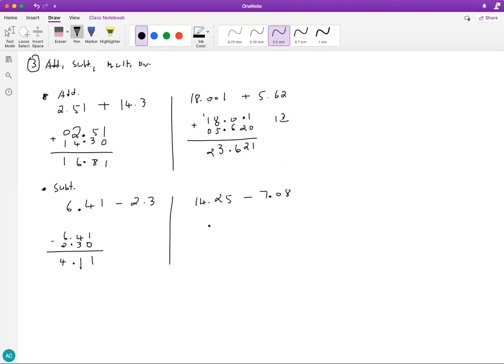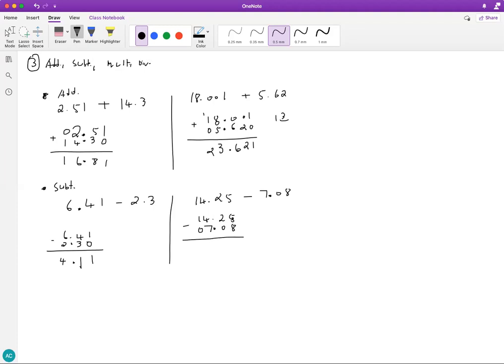Okay, we're going to set up the subtraction. Start with the first number. Again, align the decimal, should be right here. Then you write your number, so you have 7 here, nothing here, but 0. On the other side, we have 0. We have 8.